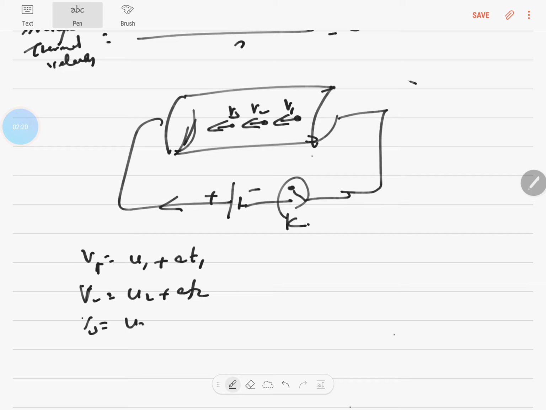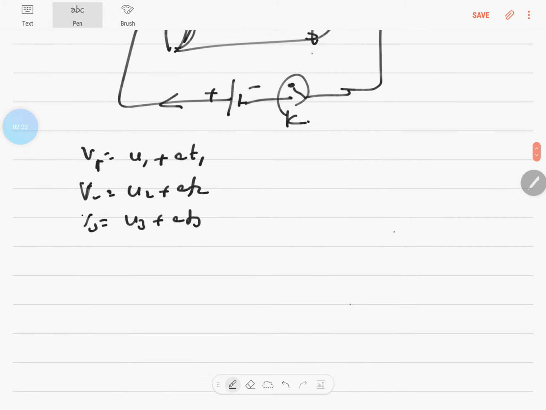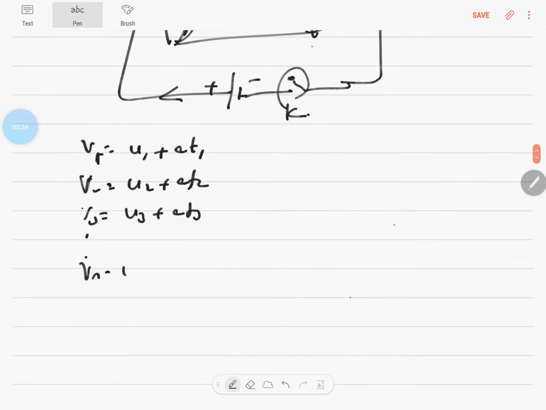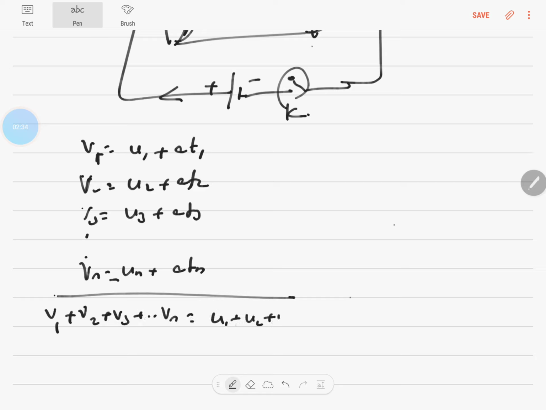V3 is equal to U3 plus A T3. Vn is equal to Un plus A Tn. When you add everything, you get V1 plus V2 plus V3 plus Vn is equal to U1 plus U2 plus U3 plus Un plus A into T1 plus T2 plus T3 plus Tn.